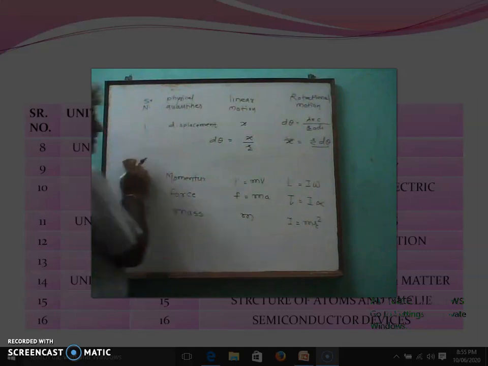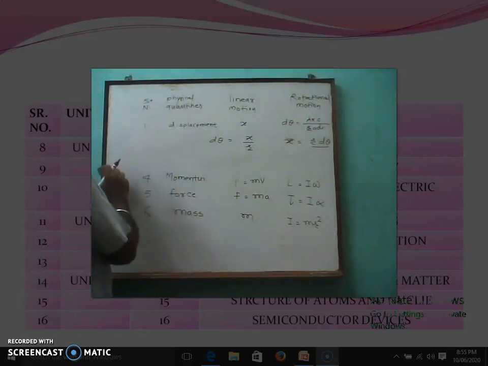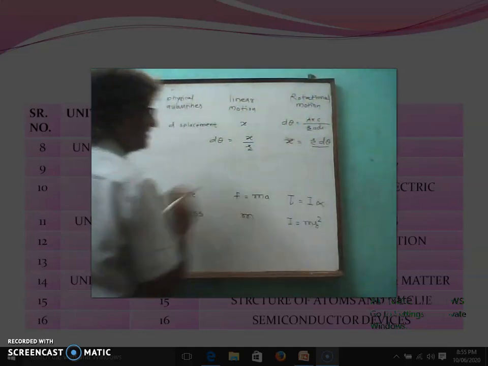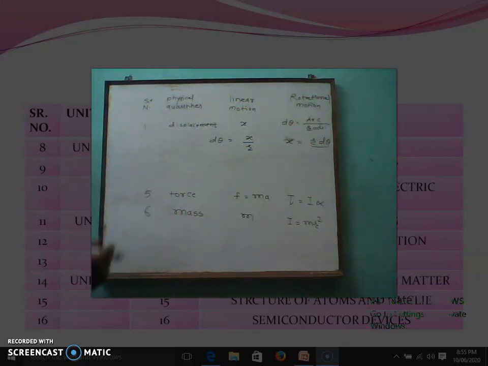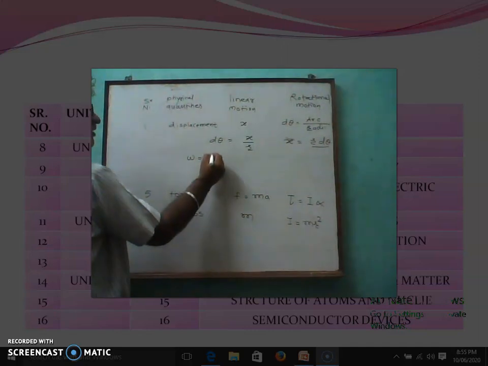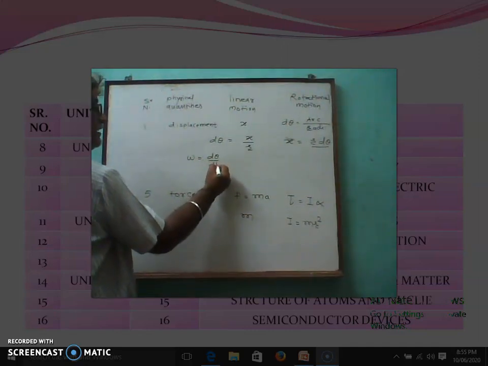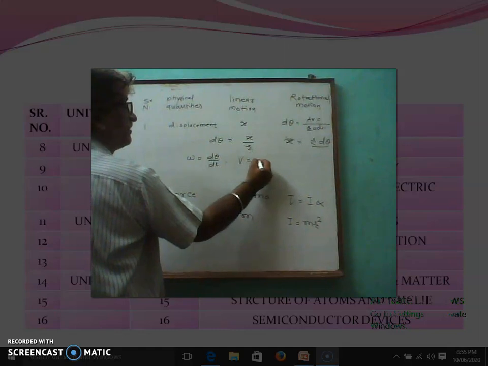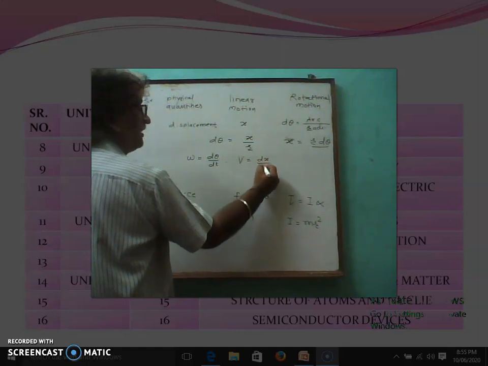Another relation we can calculate is between linear velocity and angular velocity. We know that angular velocity is equal to d theta upon dt, and linear velocity is equal to dx upon dt.